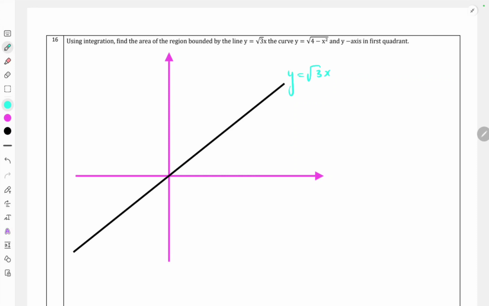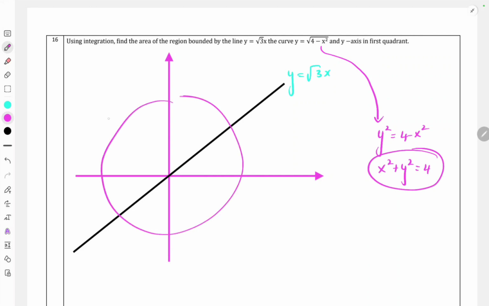And here y equal to square root of 4 minus x square. See here, this is a circle equation. If I square on both sides, y square equal to 4 minus x square, so x square plus y square equal to 4. So this is a circle with radius 2. But in a circle, the upper part will be y equal to root of 4 minus x square, and the lower part will be y equal to minus root of 4 minus x square.